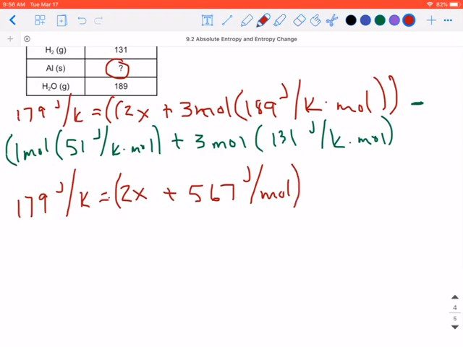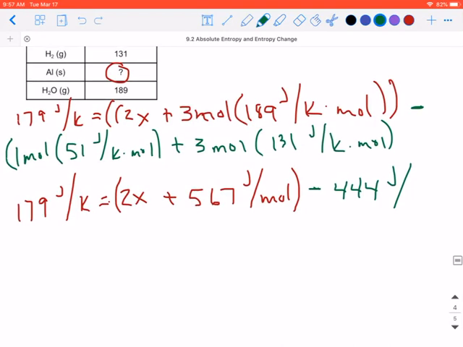So minus 444 joules per mole. Okay. So, oops, I'm sorry. Joules per Kelvin. Let me fix that on both of these. I'm sorry. Okay, so joules per Kelvin, minus 444 joules per Kelvin.